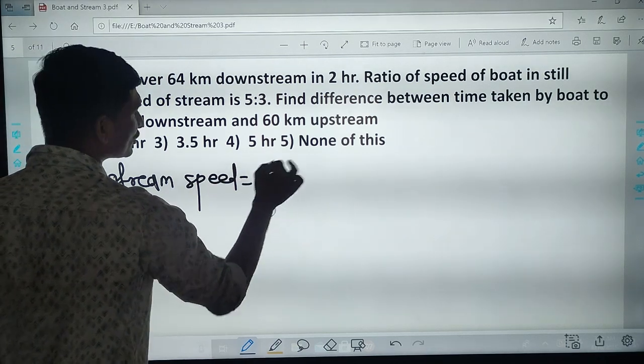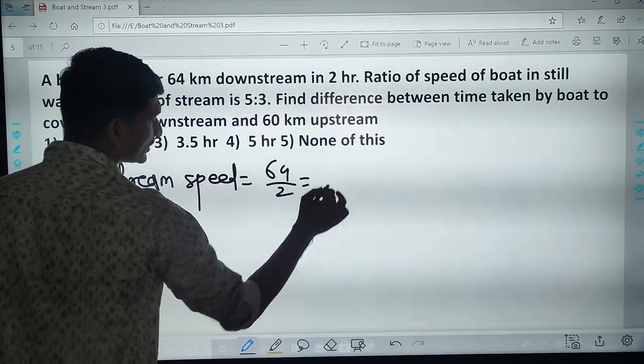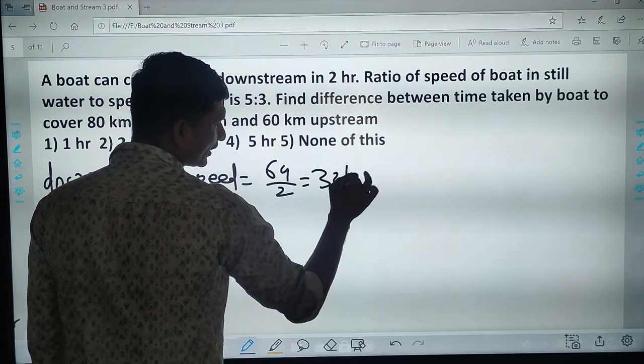Your downstream speed is equal to 64 divided by 2, that is 32 km per hour.